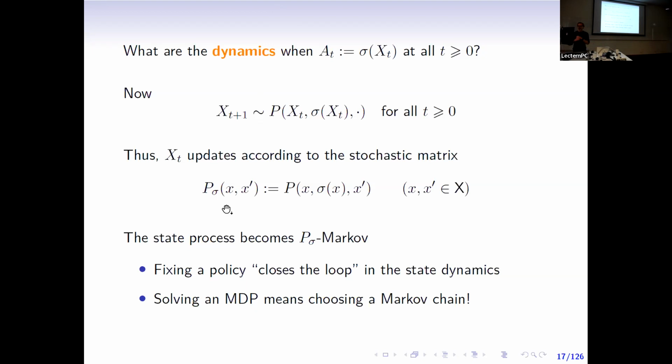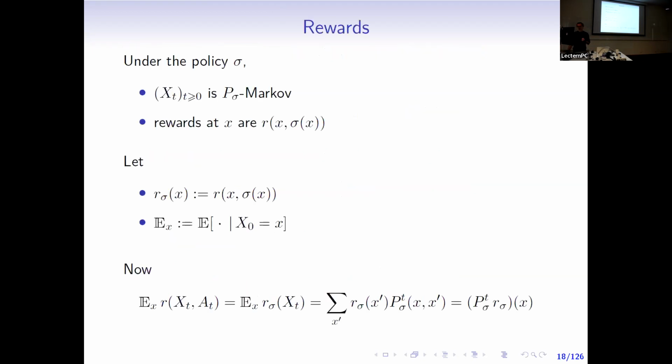Once I pick sigma, I know the dynamics. So that P sub sigma is the dynamics when we follow this policy. And our rewards at x are also prescribed by sigma, once I know x.